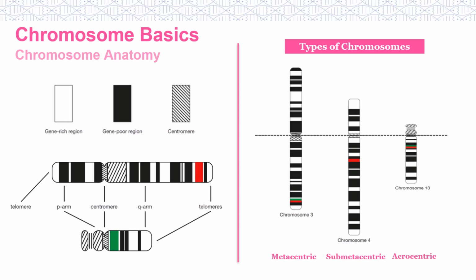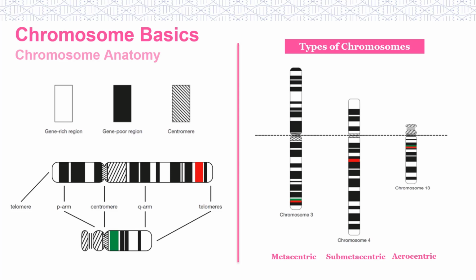In G-bands, the light regions will be early replicating, meaning they are euchromatin and GC-rich or gene-rich, whereas the darker regions that absorb more stain will be late replicating, meaning they are heterochromatin and AT-rich or gene-poor. The tips of each chromosome have a repetitive, non-coding nucleotide region called a telomere.